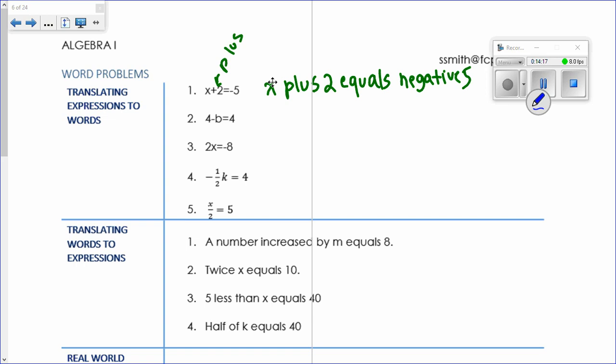You need to write it out. Instead of equal, you can use is. It's shorter. Take about 2 minutes.